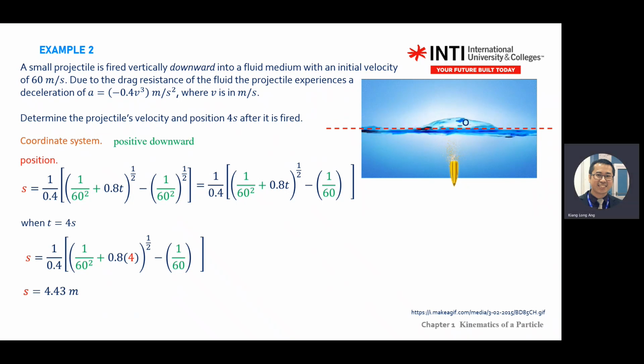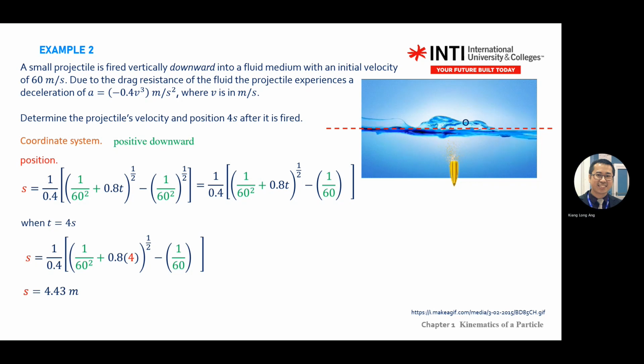No, since the beginning already assume go down is positive already. You understand? No. For this question only, I just flip the question. Of course, you can assume go up is positive, go down negative.